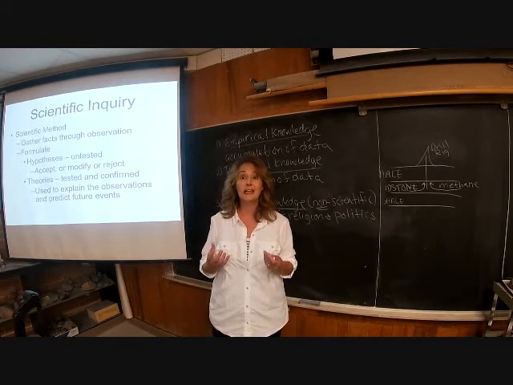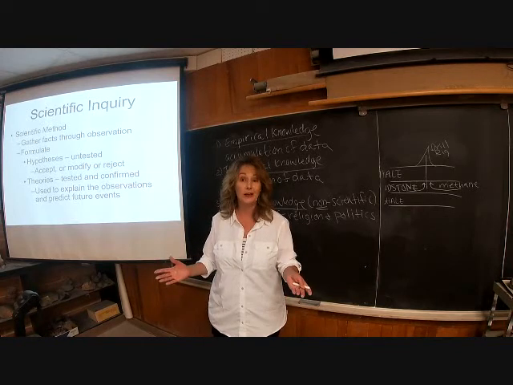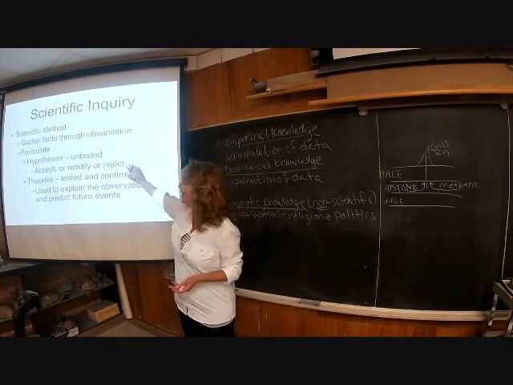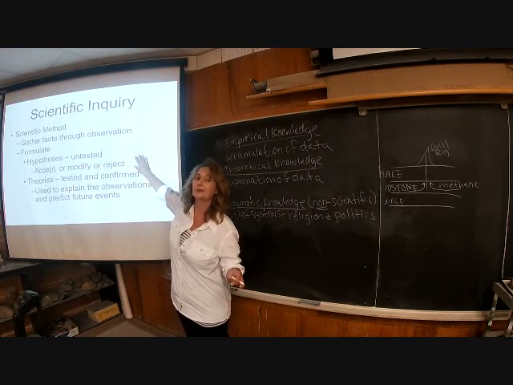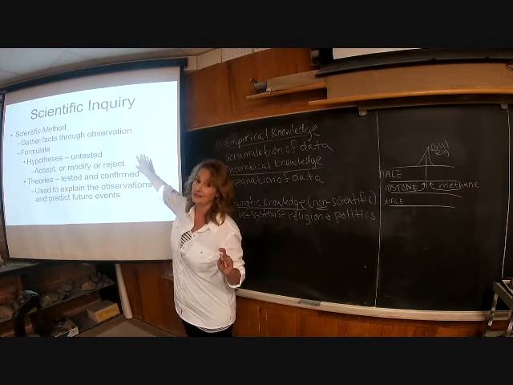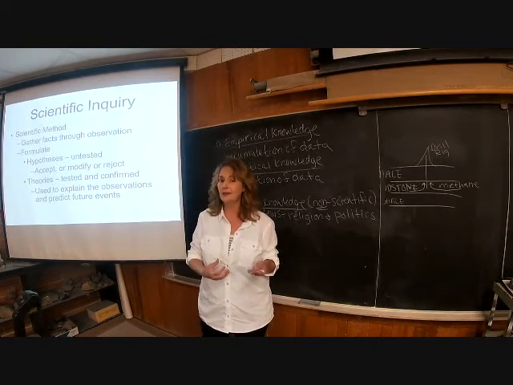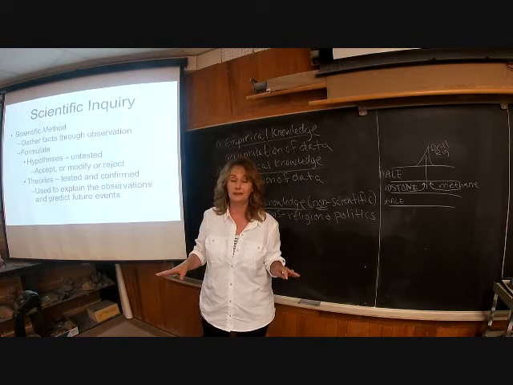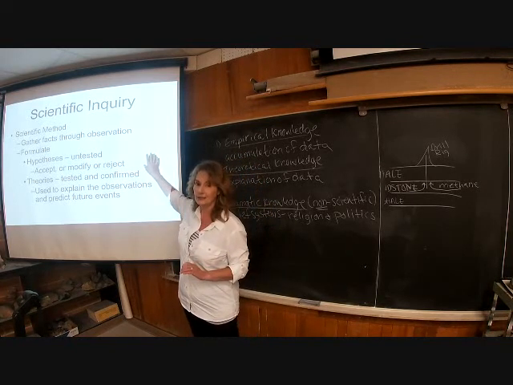So this is just a single conjecture or idea that we have, and we're putting it out there. That's a hypothesis, basically untested. This is what we think. We need to either accept it, modify it, or reject it altogether and start over with a different idea with a hypothesis.